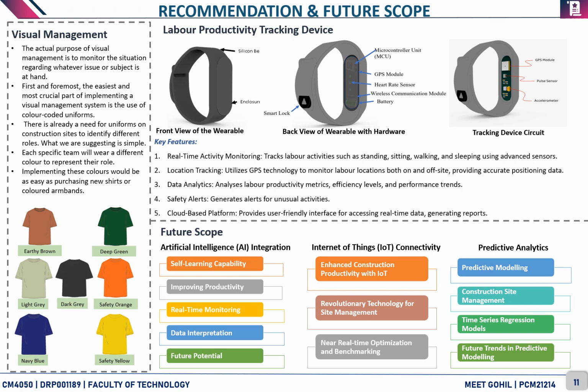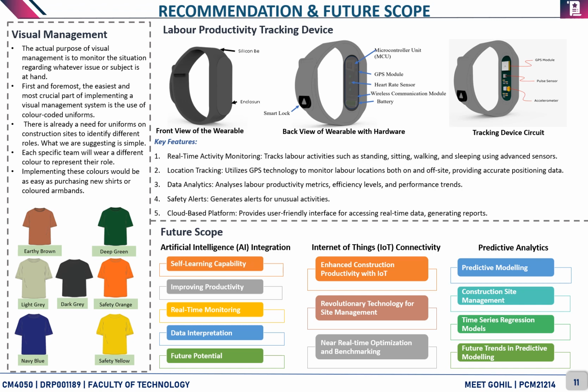The future scope of work covers the following topics: artificial intelligence integration, Internet of Things connectivity, and predictive analysis. Artificial intelligence integration consists of self-learning capabilities, improving productivity, real-time monitoring, data interpretation, and future potentials.